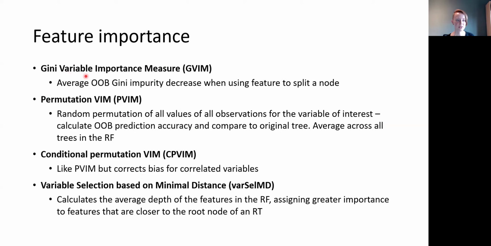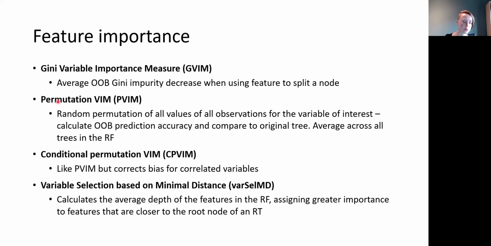So the first one here is the Gini variable importance measure. This looks at our Gini impurity scores and uses the out-of-bag samples to measure how much this decreases when using a particular feature of interest to split a node. So we're just looking at our impurity scores and seeing on new data how well that works.